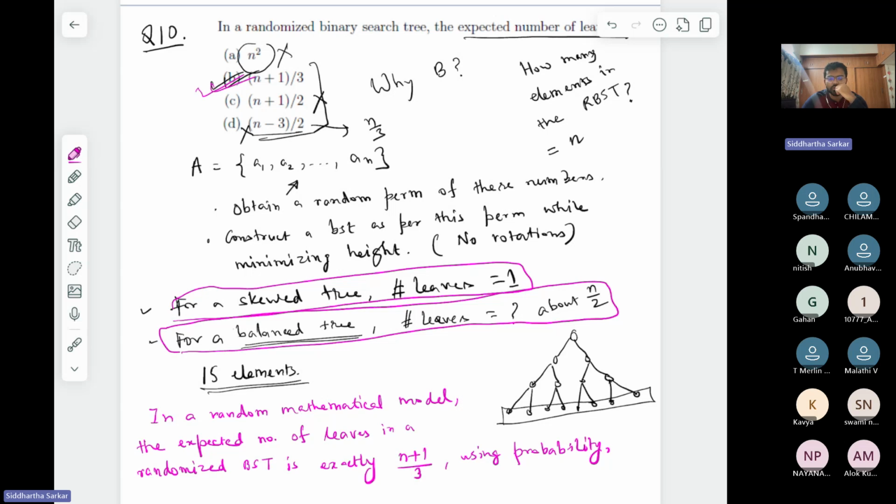Okay. I don't know. I have not watched the videos. Does somebody know whether this was discussed? Randomized binary search tree, expected number of leaves in the videos.